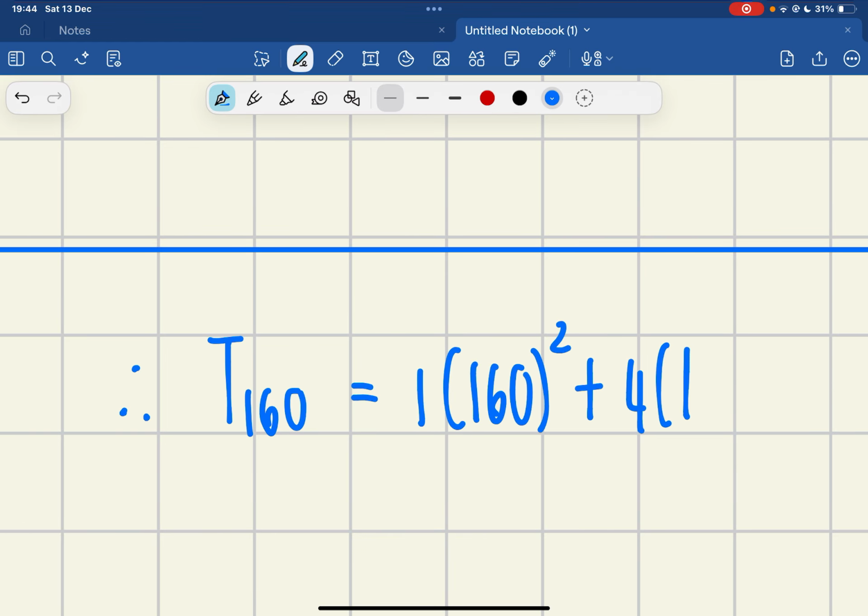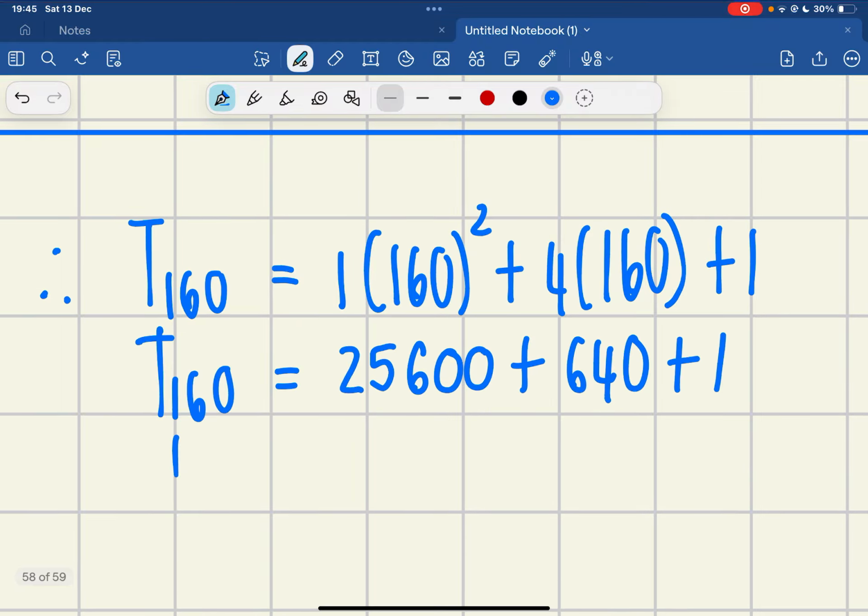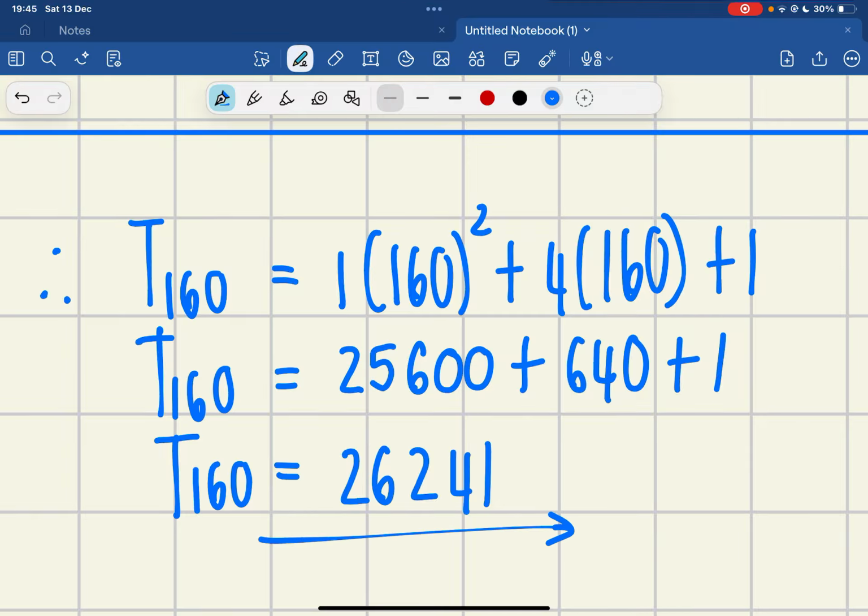Squaring 160 means 160 multiplied by 160, and that's 25,600, plus 160 times 4, which is 640, plus 1. All added together, that gives us 26,241, and that's your final answer.